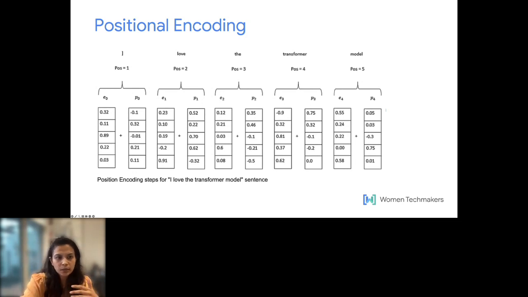Let's say our input to the model is I love the transformer model. We break this input into tokens and create a vector of each token. This is the vector of I, this is the vector of love, this is the vector of the, and along with this we add the positional vector as well.